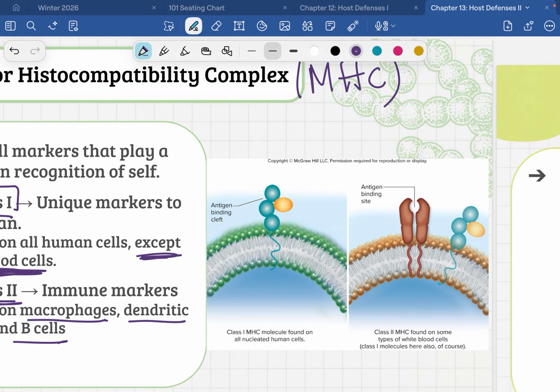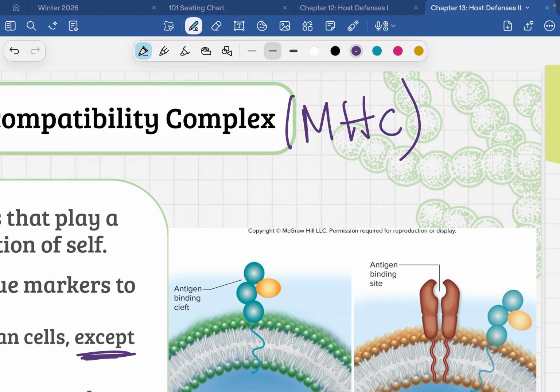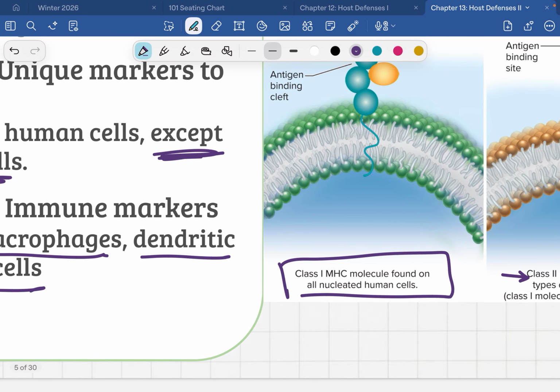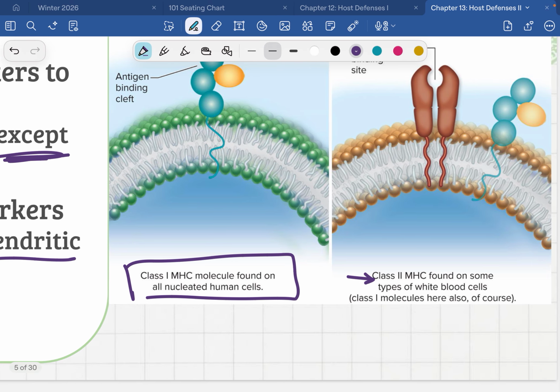Okay. So notice this is a class 1 MHC molecule found on all nucleated human cells. Something to note, though, is that MHC class 2s are found on some types of white blood cells, specifically macrophages, dendritic cells, and B cells.